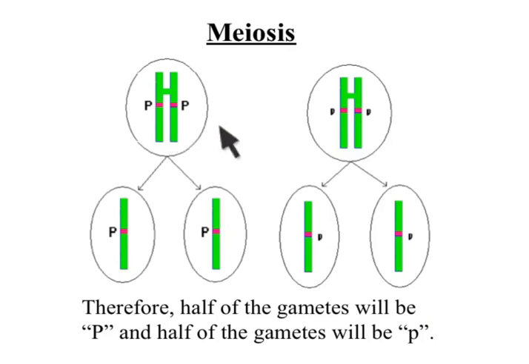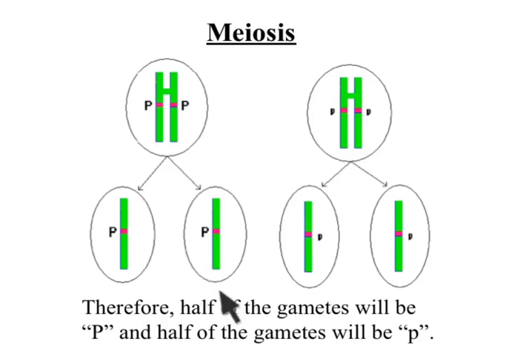Then in meiosis 2, we separate the sister chromatids into the 4 haploid daughter cells that can eventually mature into the gametes. We notice here that these two gametes have the same trait, the dominant allele, and these two gametes have the recessive trait as the white flower, and the dominant was that of the purple.